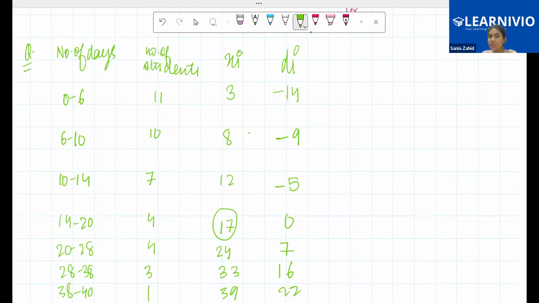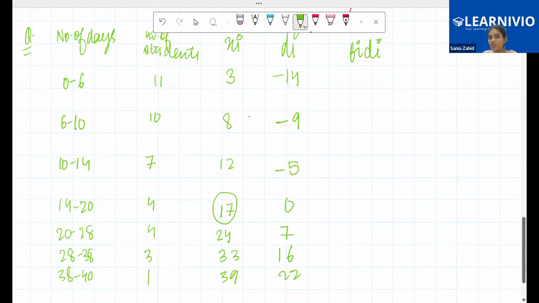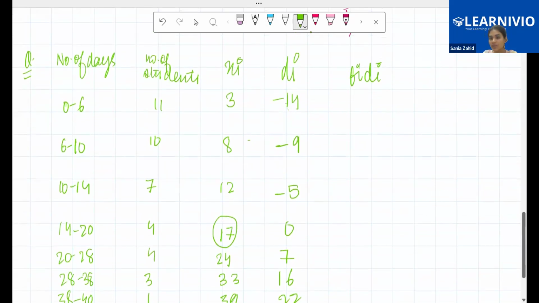So what you can do? You can directly find fidi. 11 into minus 14, 10 into minus 9, 7 into minus 5. You can directly find these values and use the assumed mean method only. Okay, so tell me the values.